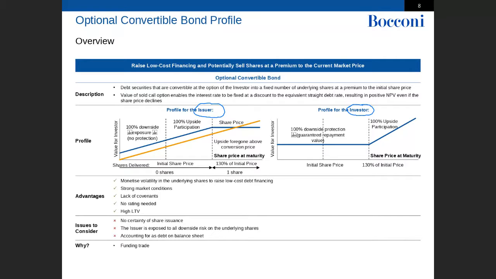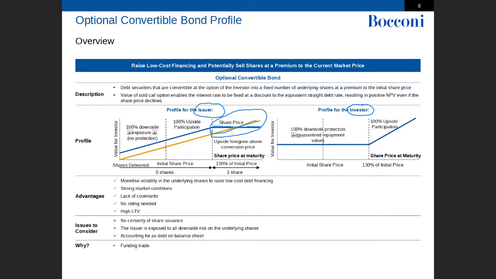But if the share price goes up above the strike price, all this upside of the share price performance doesn't go to the issuer, because as we know, the value above 100, the strike price, is only for the investor. So de facto, the profile for the issuer is that above 100 is flat.